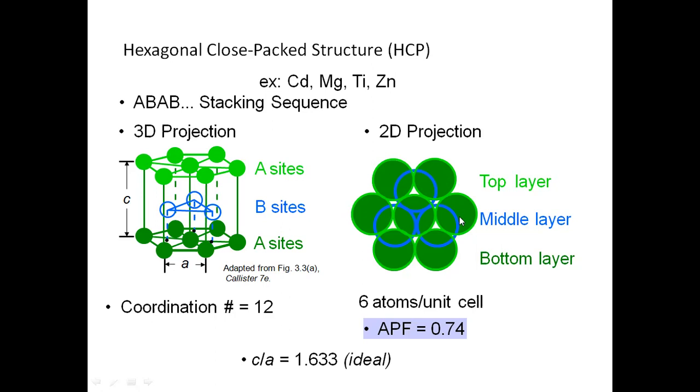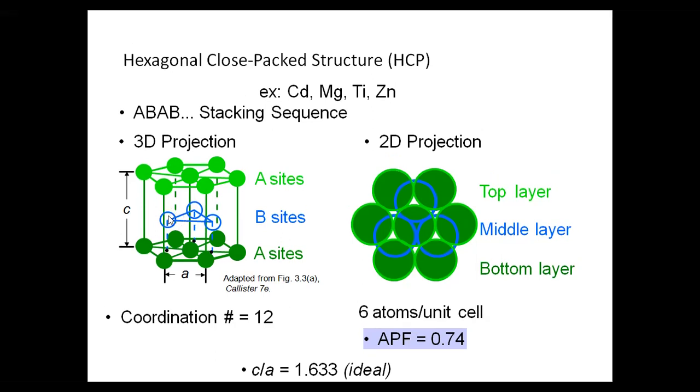So there's this side, this side, this side, this side, and this side, and this one. So 6 sides. Then your middle layer there has how many atoms? 3 atoms. So you have 6 atoms there, and the bottom also has 6 atoms, isn't it? And then you have your middle layer there inside, which has 3 atoms.